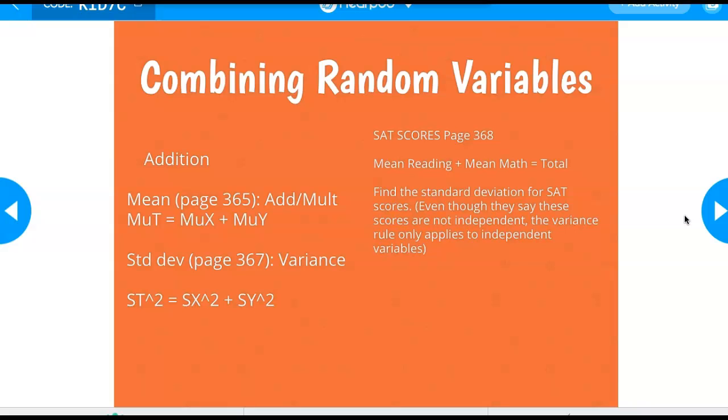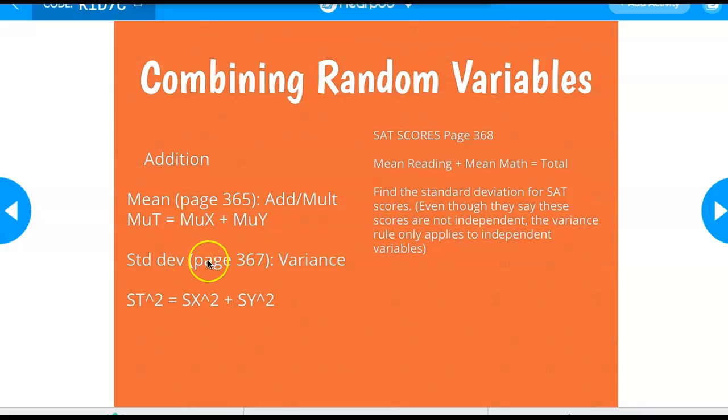Combining random variables. So this gets into a new topic, combining random variables. Now we have an x and a y variable. Okay, if we have two different variables, can we add the means together? And the answer is yes. So the mean total, I wrote mu t equals mu x plus mu y. So we combine random variables, we just add means together.